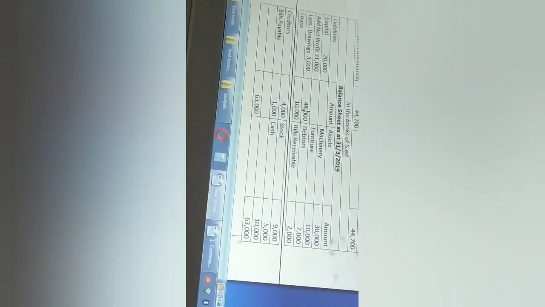After adding this net profit to the capital and subtracting drawings, I got a total of 48,000. We added this side also and saw that the balance sheet is matching. That means our sum has arithmetical accuracy; the debit and credit aspect of the sum is correct. Hope you have understood the sum.